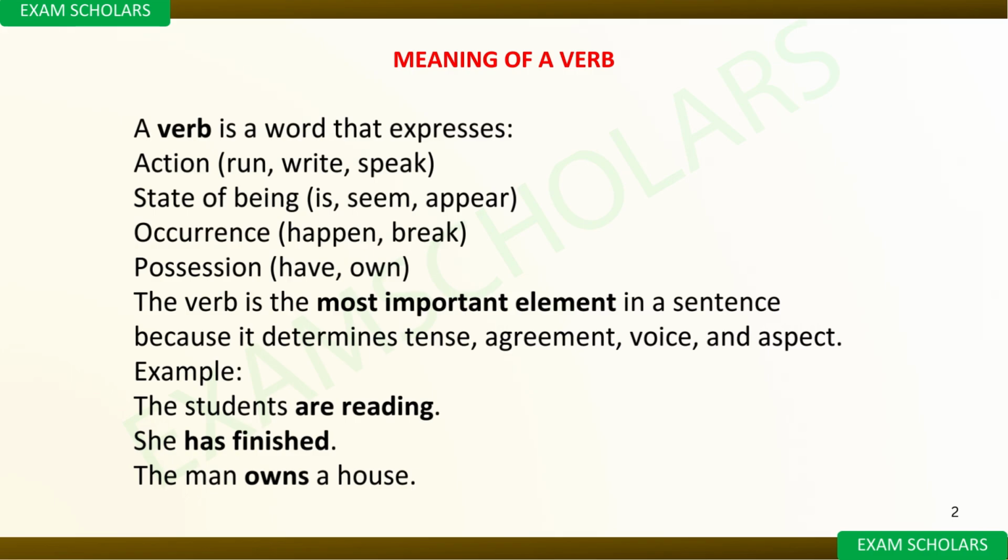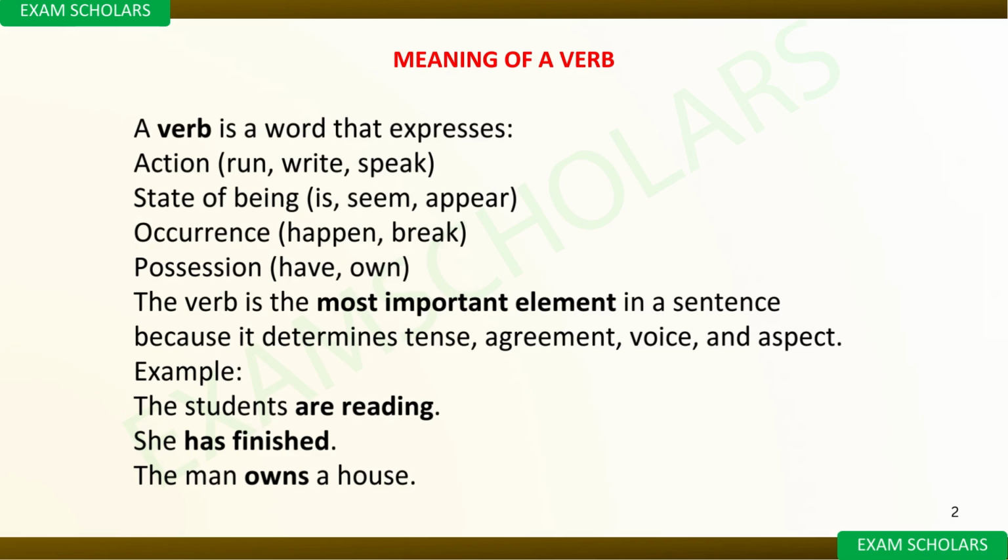But please, I'm not saying that verb is a pronoun, so that you will not misconceptualize it. The verb have is used to express possession, as we can see. So verb is very important and is the most important element in a sentence, because it determines the tense, agreement, the voice, and the aspects.